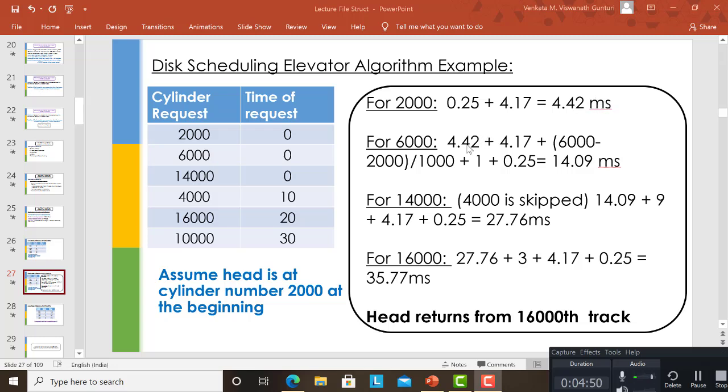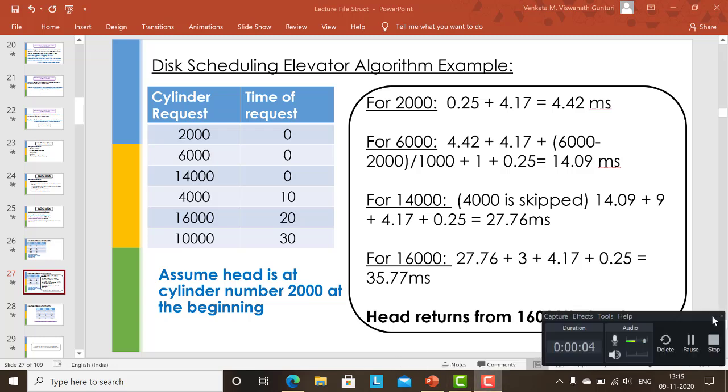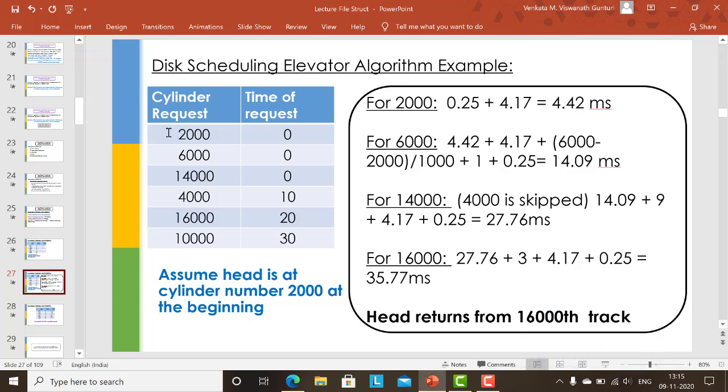this is coming from here, and after that my read-write head has to move from cylinder number 2000 to cylinder number 6000. Okay, so for that, how many cylinders do I have to pass? I said 6000 minus 2000, divided by 1000.